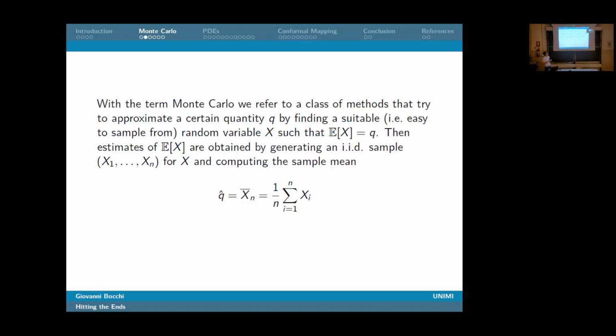So essentially the mean of our variables. We are very happy because usually this estimator has very good properties. It converges almost surely. It is unbiased, so it means that on average this estimator really gets the true value of the quantity q in this case. So in principle, it's a good approach to solve many problems actually.